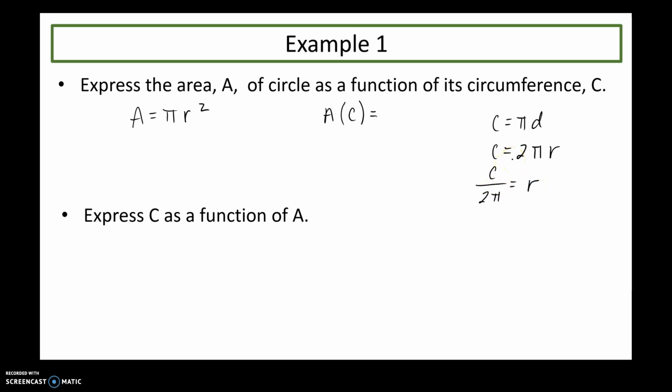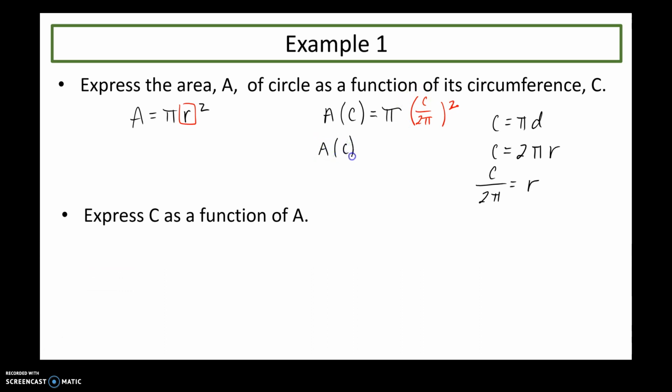So then replacing r in my area formula, okay, so I'm going to take this and I'm going to replace it with r, circumference divided by 2 pi, and then I have to make sure that I square that because that's what the area formula tells me to do. All right, so now let's simplify this.